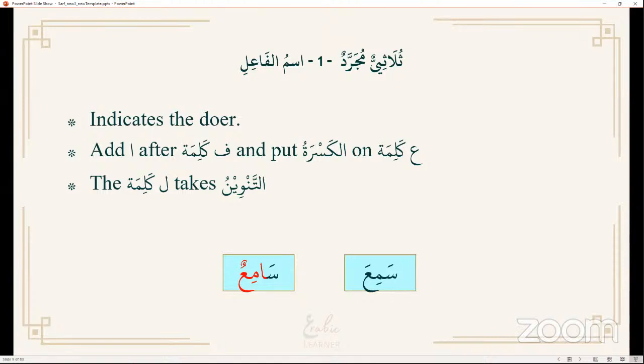Fa'il, when we talk about sentences, which is the study of nahu, the Arabic terminology which deals with sentences, in Jumla Fi'liya, is always marfu'. But Ismul Fa'il can be rafa, nasab, and jar also. Clear? Okay.